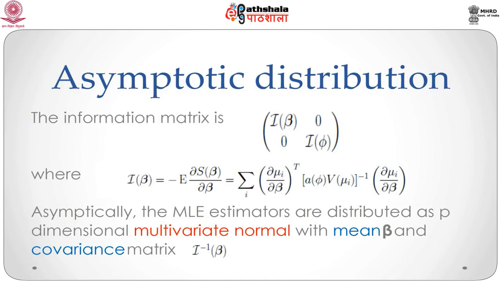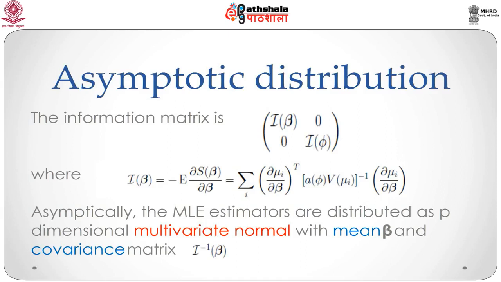The asymptotic distribution of beta and phi can be calculated by observing that the information matrix for beta and phi is a block diagonal matrix of the form I(beta), 0, 0, I(phi), where I(beta) is equal to minus expectation of del S(beta) del beta, which as before is equal to summation over i of del mu_i del beta prime, a(phi) v(mu_i) inverse, del mu_i del beta.